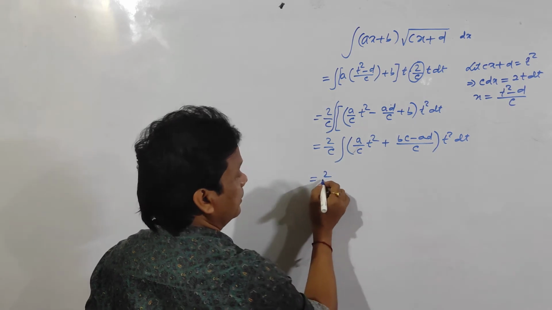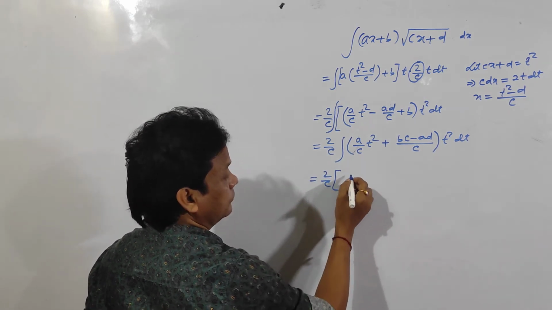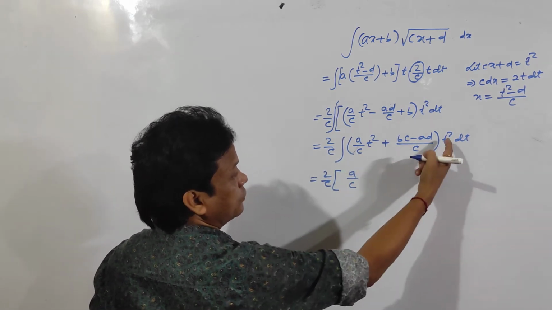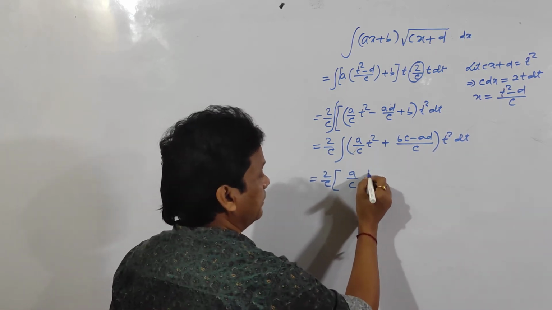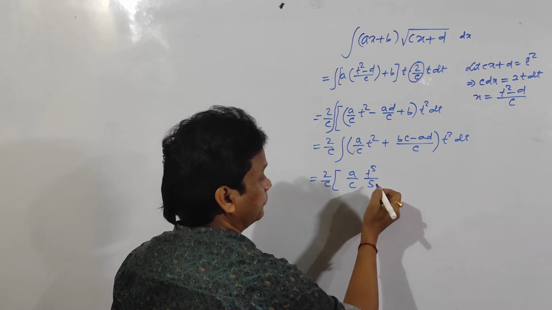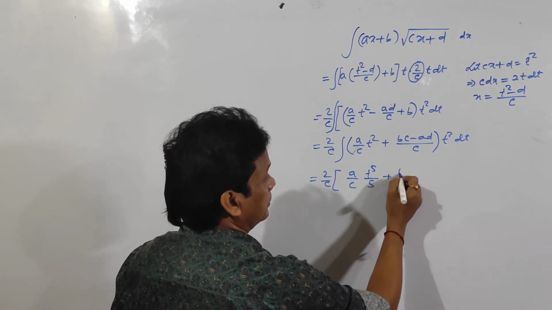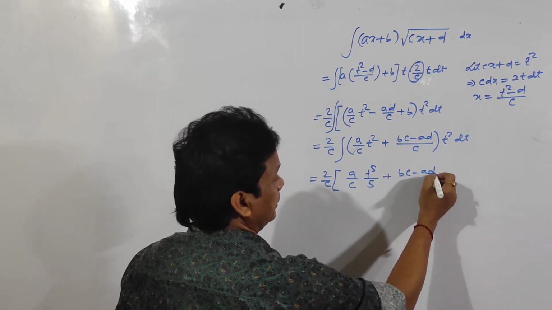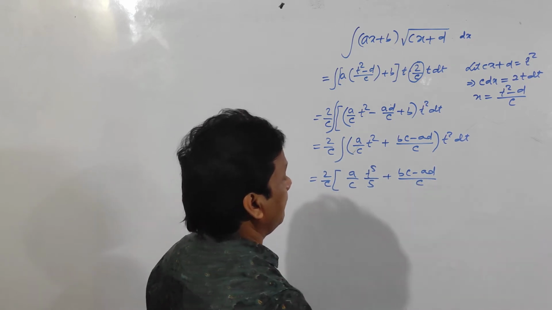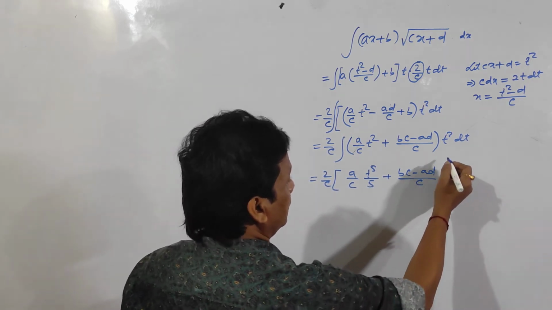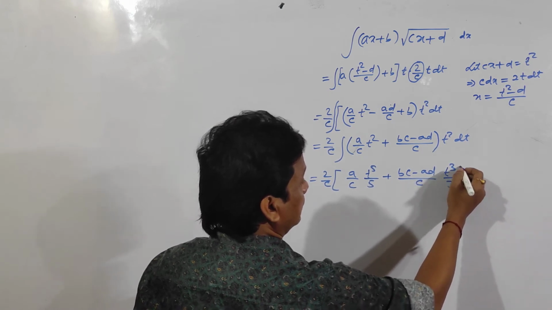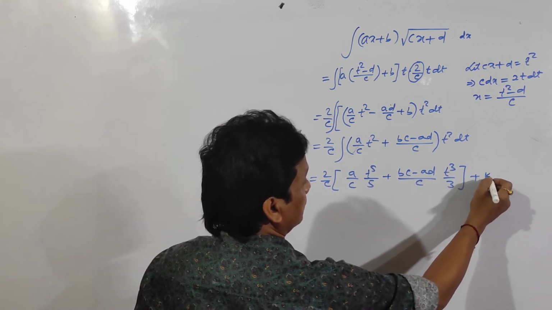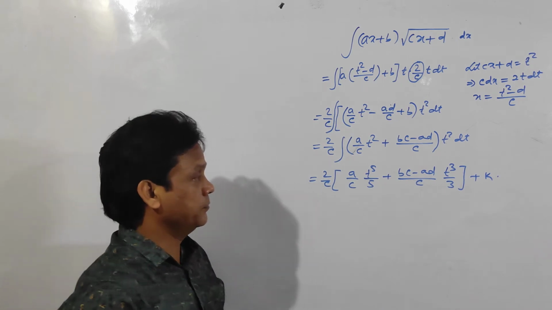Now let us integrate. It will be a by c t square into t square, which is t to the 4, so the integral is t to the 5 by 5, plus (bc minus ad) by c into t square dt, so t cube by 3, plus the constant k.